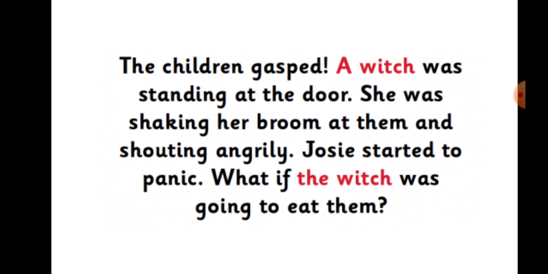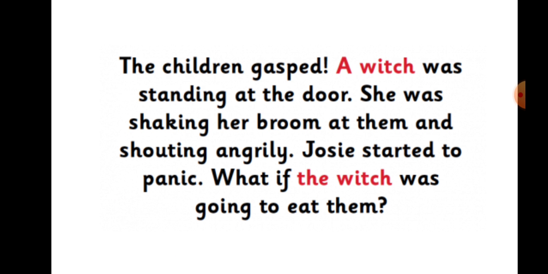Okay, for an example, whenever anything is mentioned before, you will use the definite article. So the children gasped, a witch was standing at the door. She was shaking her broom at them and shouting angrily. Josie started to panic. What if the witch was going to eat them?